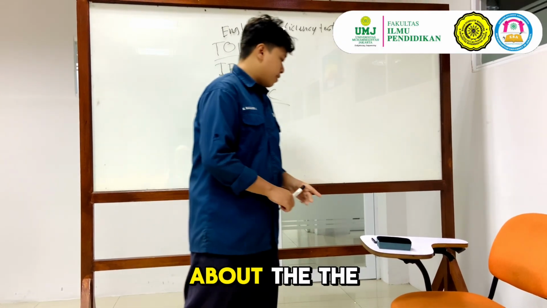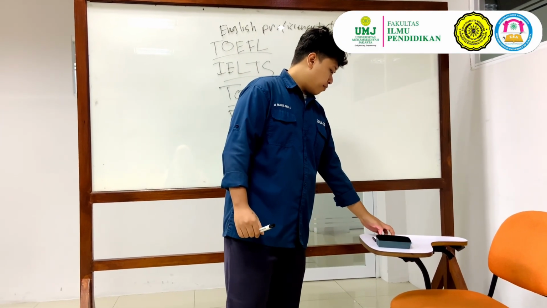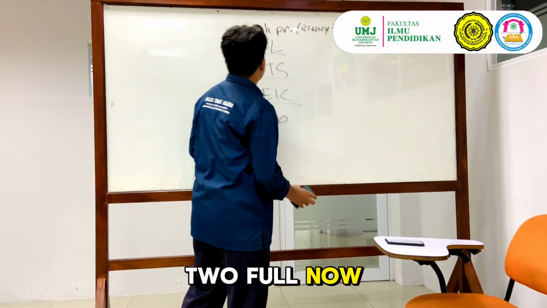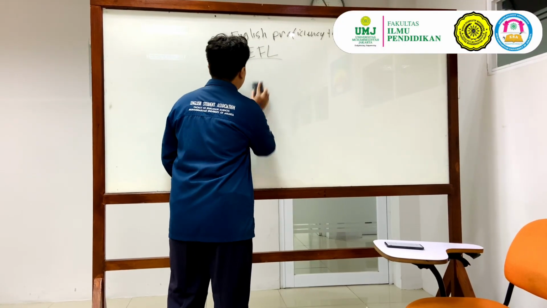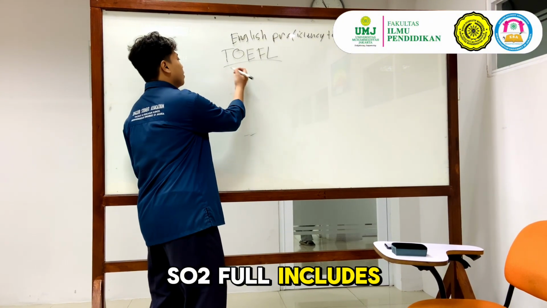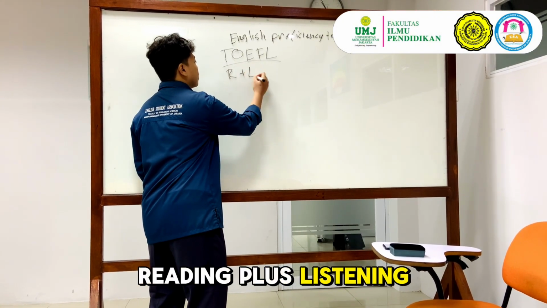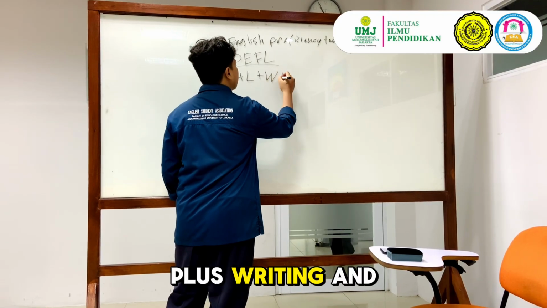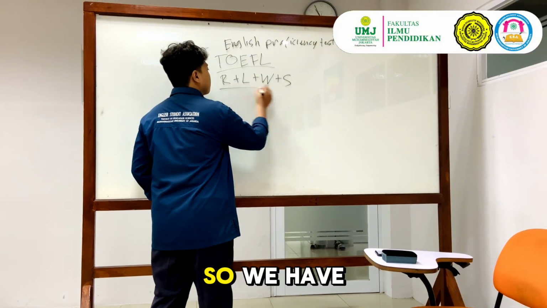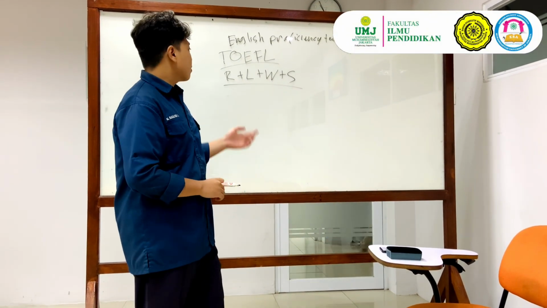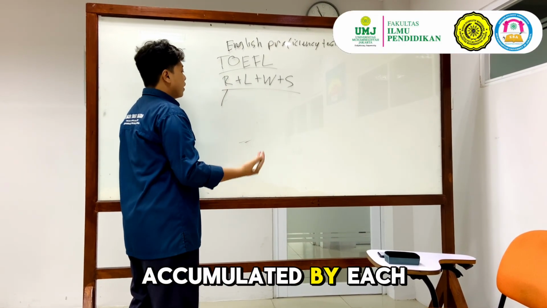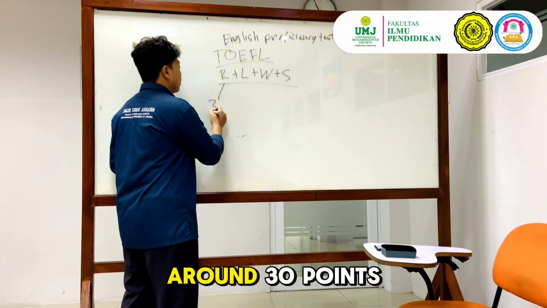Now let's talk about the format and length. So we have TOEFL. TOEFL includes reading, listening, writing, and speaking. We have these 4 sections in TOEFL, and each section is scored up to around 30 points.